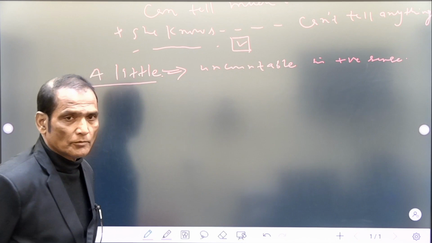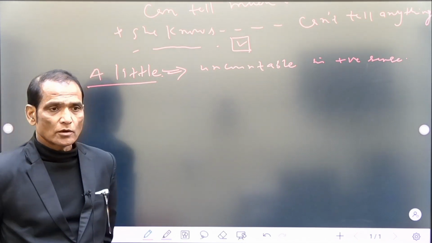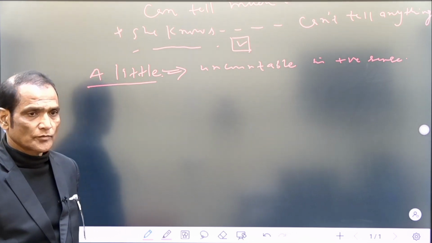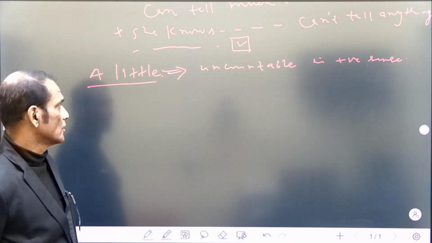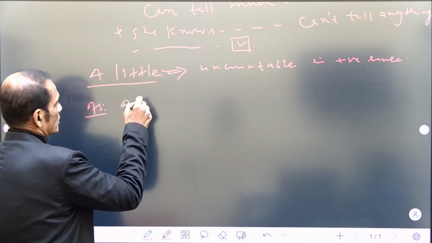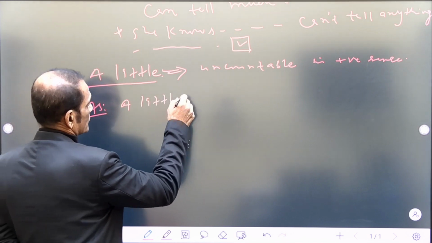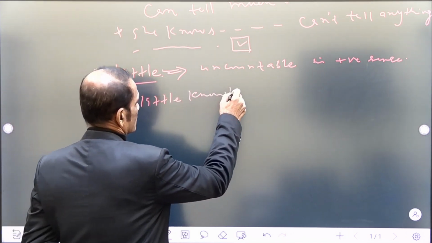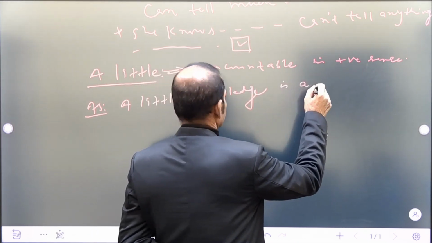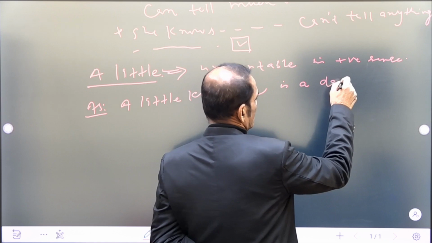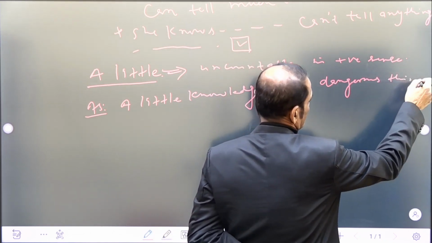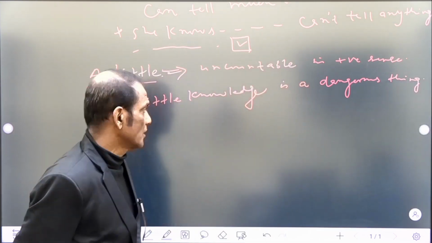You might have heard a very popular saying, a little knowledge is a dangerous thing. A little knowledge is a dangerous thing. Here the sense is positive. A little knowledge is a dangerous thing.